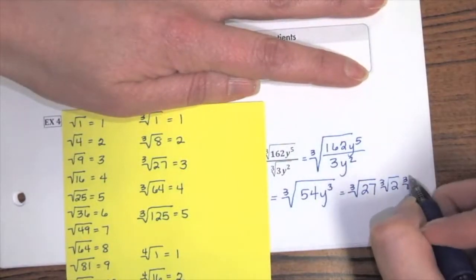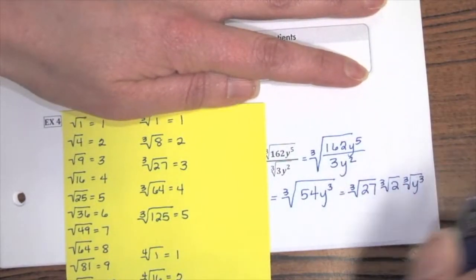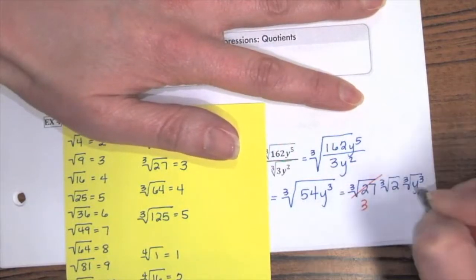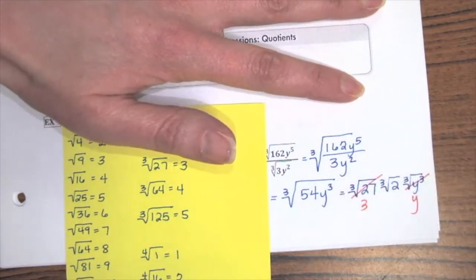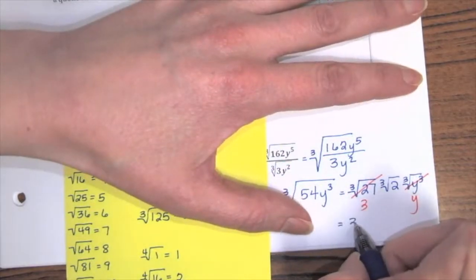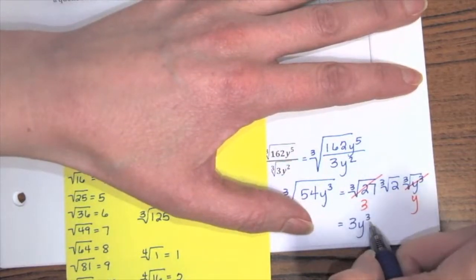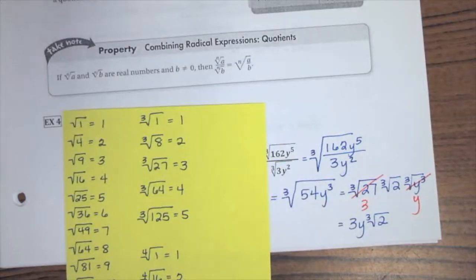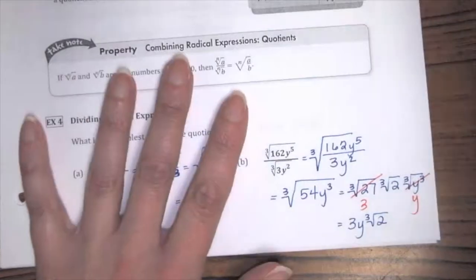Cube root of y to the third. And would you agree this is going to give you 3 and this is going to give you y, right? Okay, so here's what we've got. 3y cube roots of 2. Beautiful.